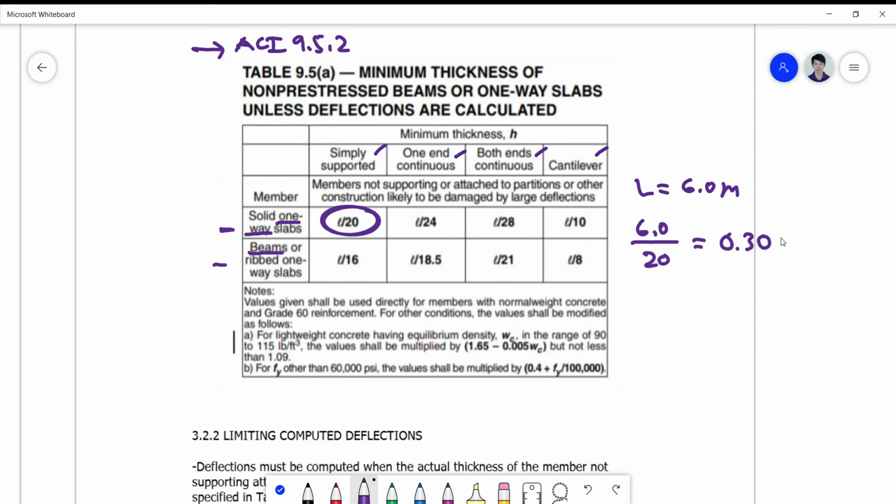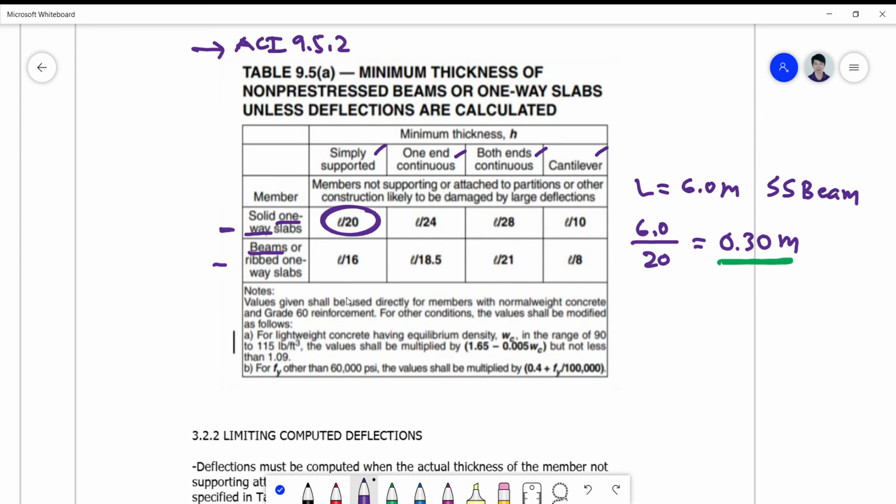If this is in meters, which means to say that your limit for such a one-way slab must be 0.30 meters, considering simply supported condition.